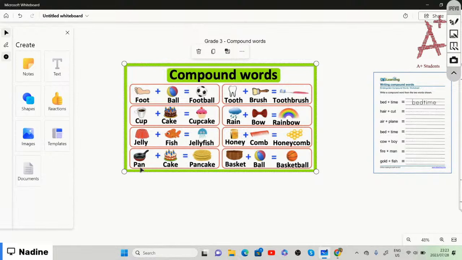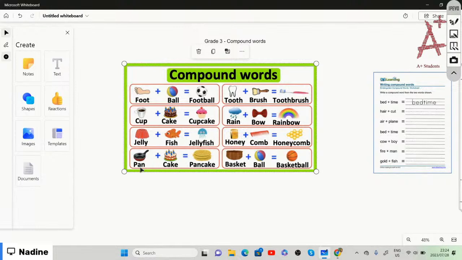And as you can see, how it changes. Cup plus cake equals cupcake. Then we have jelly plus fish, which is jellyfish.